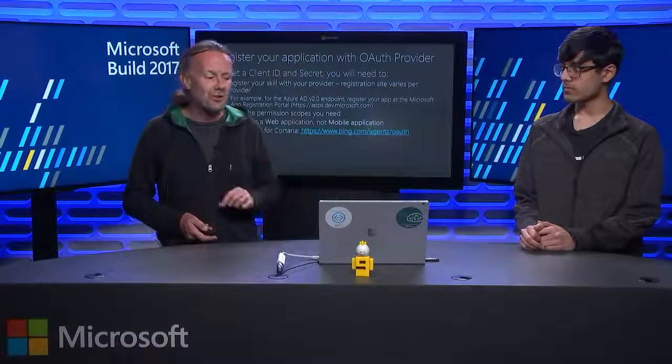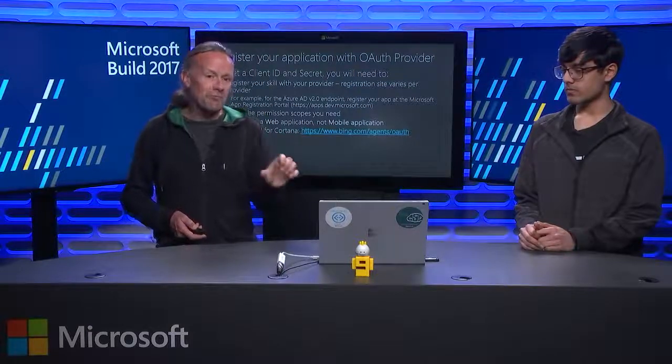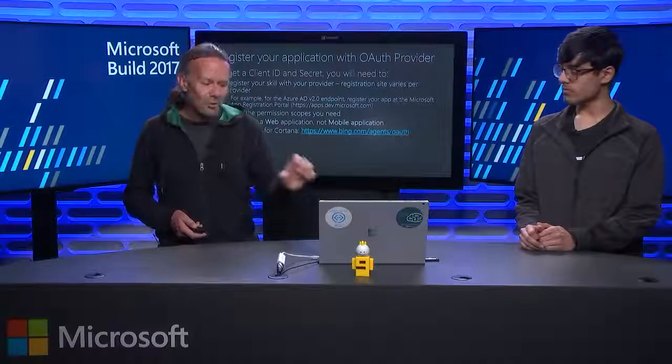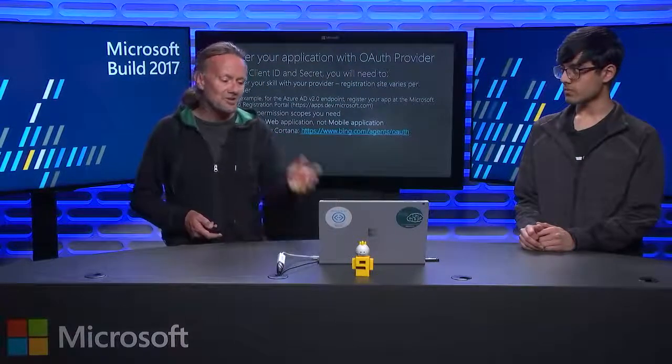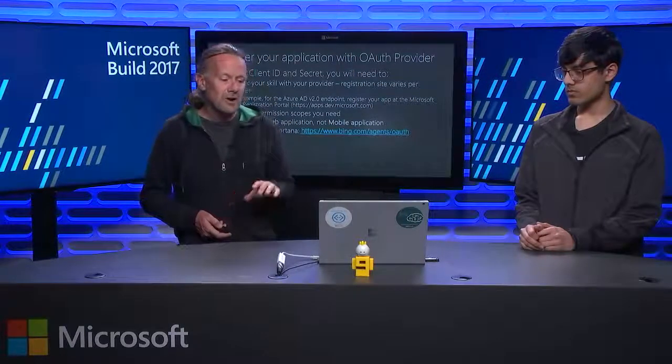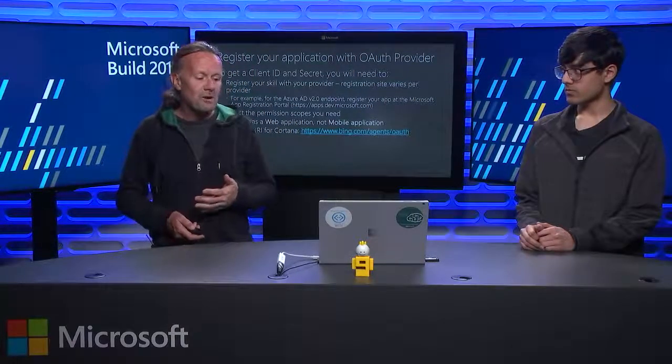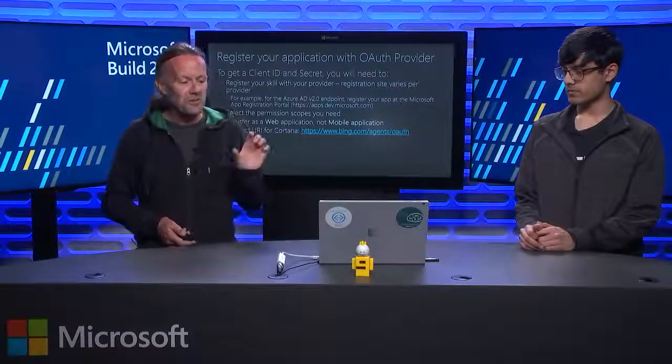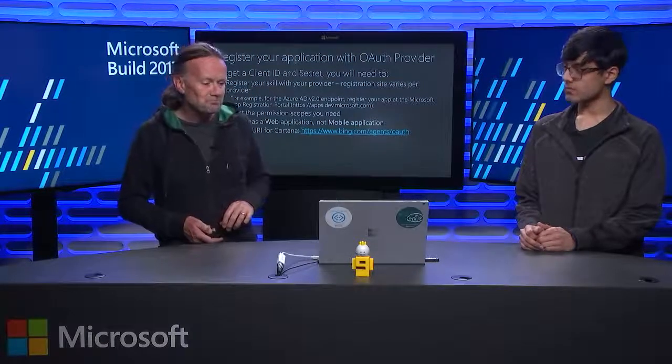That's the redirect URI. The redirect URI for a Cortana connected account is always this. It never changes. https://www.bing.com/agents/OAuth. So that is what you will need to put in.